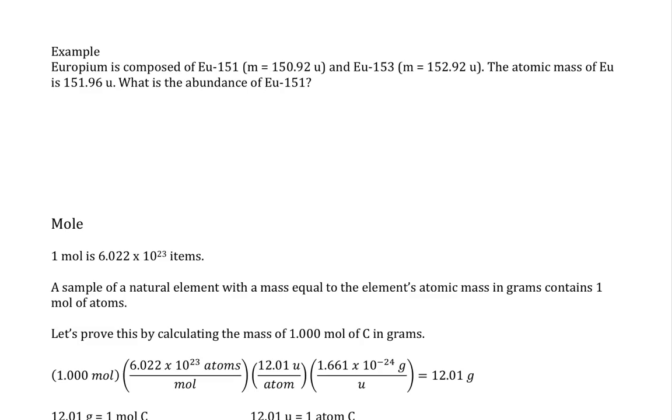So it's a little different than the problem that we just did with carbon or you did with lithium. That is, what we know about it is atomic mass and masses of isotopes. Realize the net abundance of the two isotopes is 100. So the abundance of the 151 plus the abundance of the 153 adds to 100. Take that into account as you do this problem.